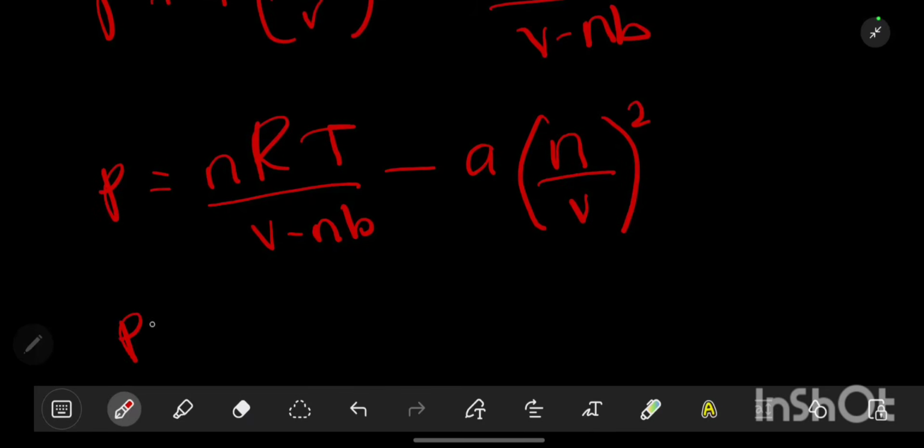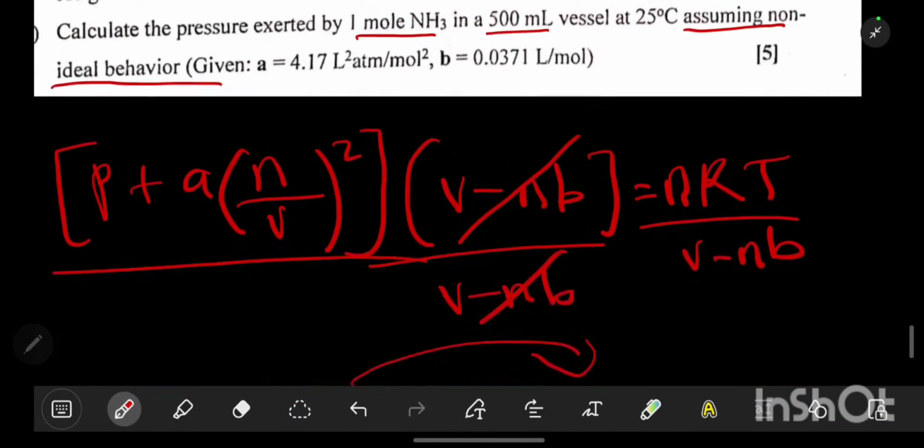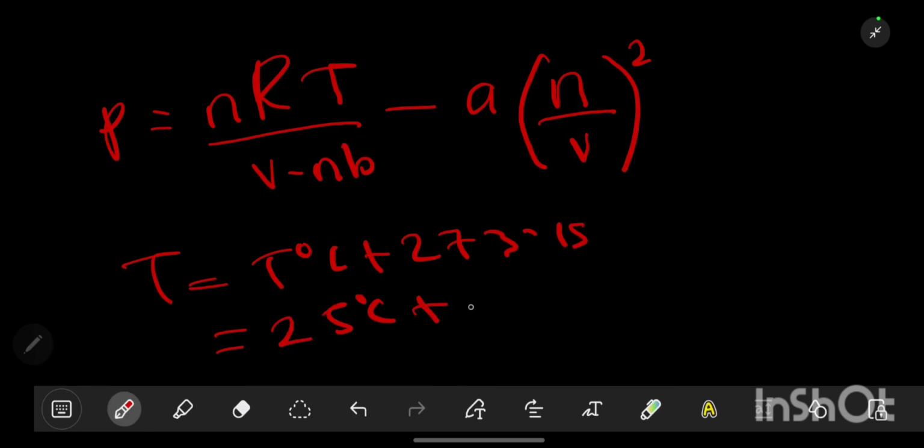First let's convert the temperature. Temperature will be equal to temperature in degrees Celsius plus 273.15. So we have 25 degrees Celsius plus our 273.15.